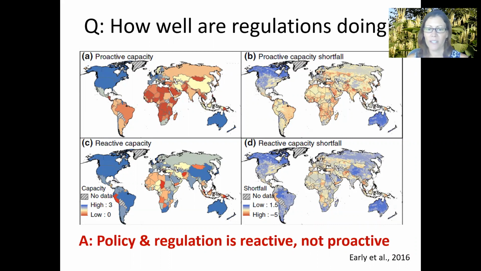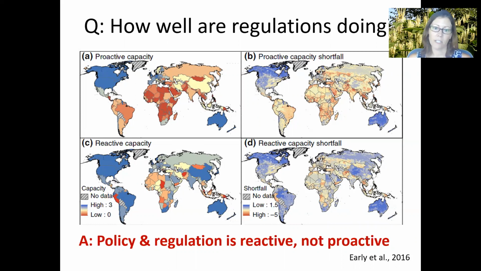Redder areas are ones where we're really falling behind in terms of our ability to regulate or to stop these new species coming in. Proactive regulation would be something like having weed risk assessments to prevent specific species from coming in, or having border inspection, looking out for species coming through a specific pathway.